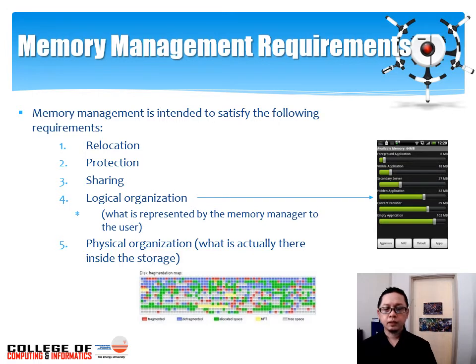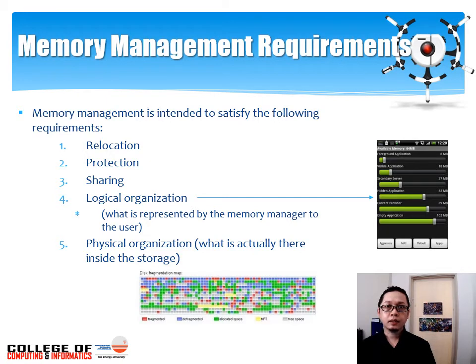Briefly, relocation is when we move the processes from the secondary memory into the main memory. Remember, during the process state changes, there is the swapping in and swapping out of processes. This is where the relocation requirement must be satisfied.